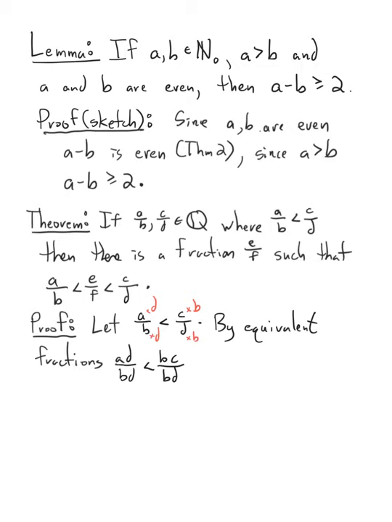Now, we don't know for sure that there is an integer between AD and BC. Just like example 3 on the last slide, we might be in that scenario. But what we can do is, again by equivalent fractions, multiply top and bottom of both fractions by 2. That'll give us enough quote-unquote room in the numerator.